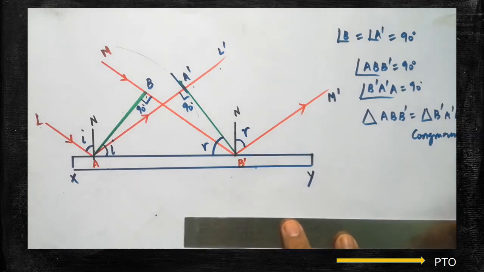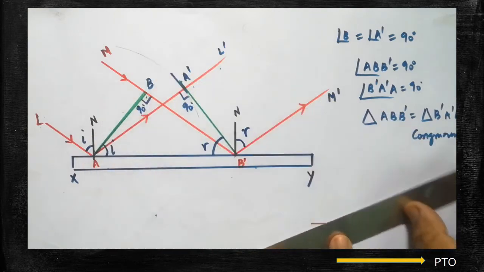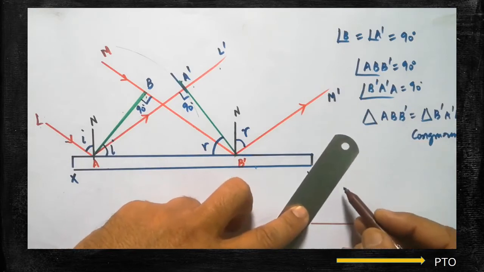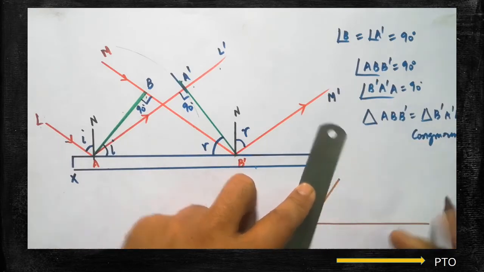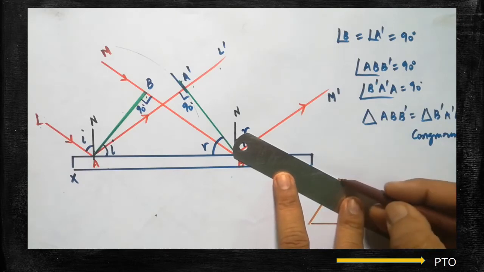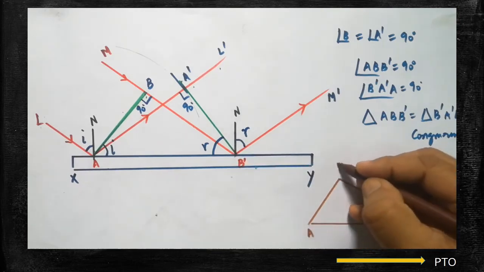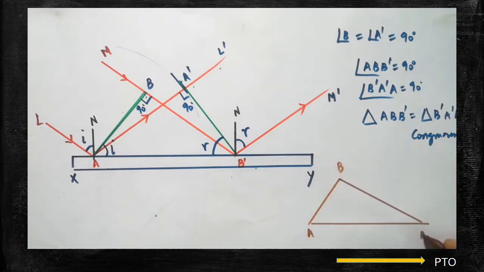Look at that. Here, I will draw this portion alone. We have to draw like this. So, this is triangle A, B, B dash.